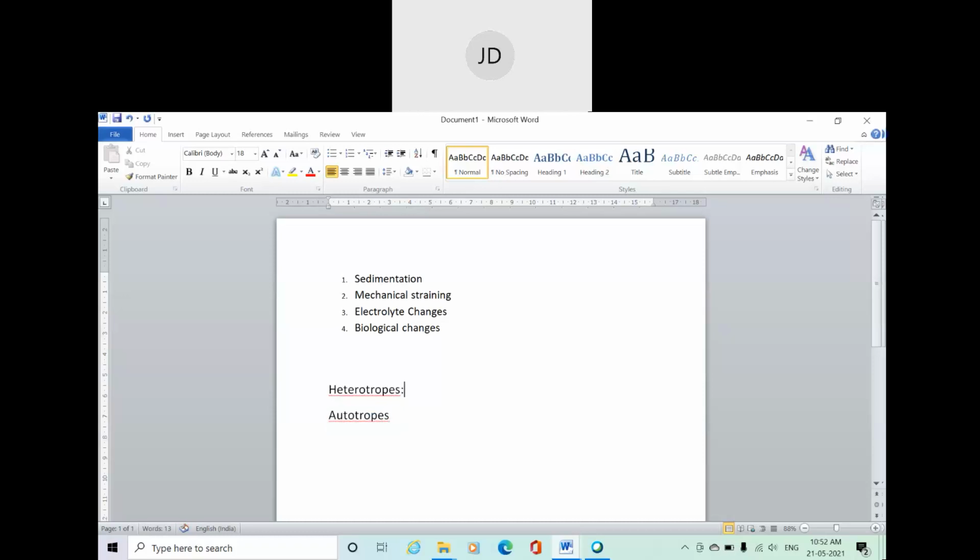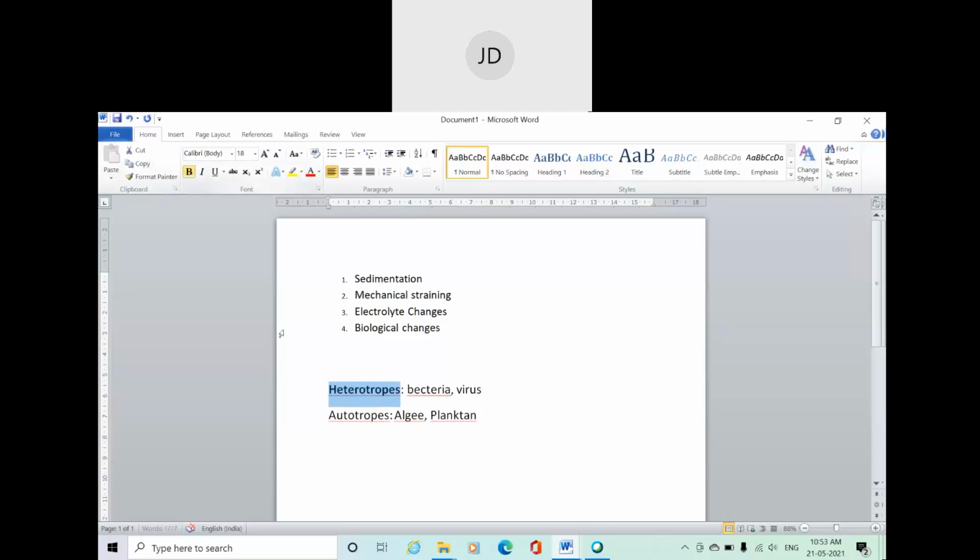I'm giving examples here: heterotrophs like bacteria, virus, then autotrophs like algae, like plankton. They are autotrophs.